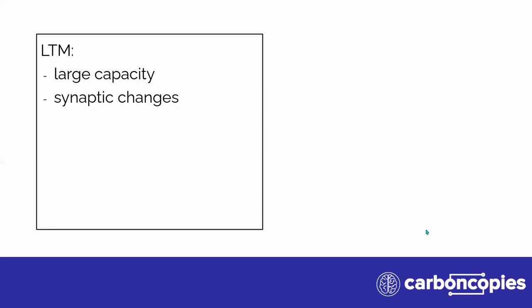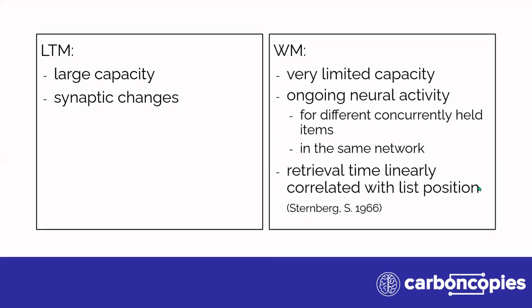Okay, let's contrast this with long-term memory. In long-term memory, we know that long-term memory has a very large capacity, and the preponderance of evidence suggests that synaptic changes underlie long-term memory encoding and maintenance. By contrast, working memory has a very limited capacity.